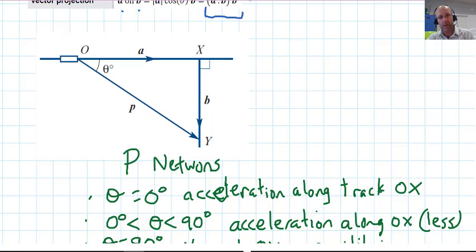So going back to summarize then, if we have vector P representing a force of capital P newtons, we have A here, vector A is the vector resolute.